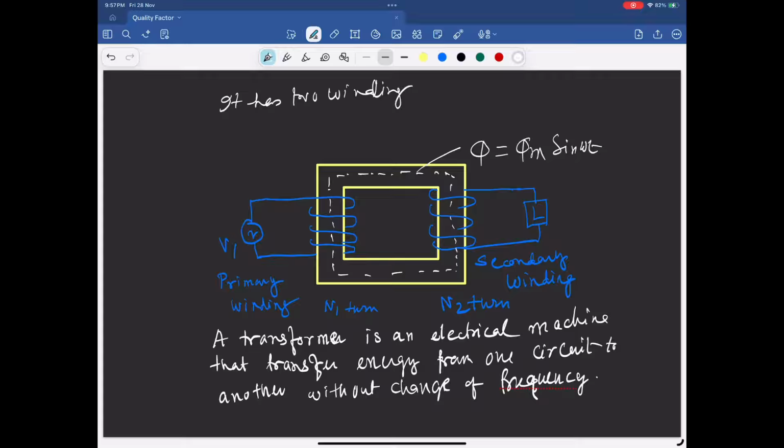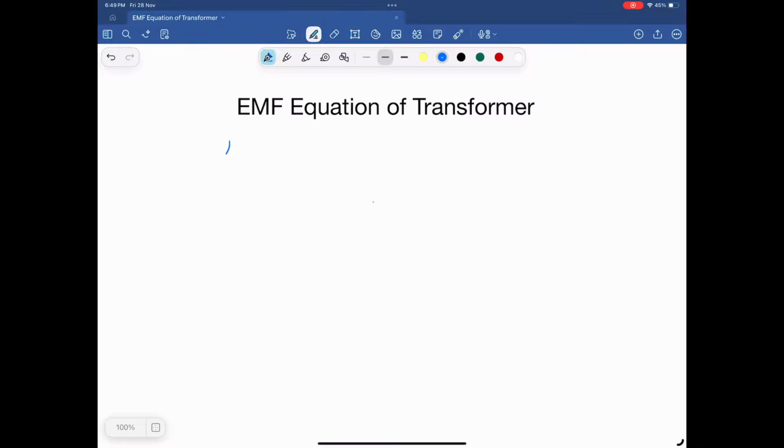Now we will derive the EMF equation of a transformer, where we use the alternating flux phi equals phi m sin omega t. We know the flux is alternating in nature, so let the flux at any instant phi be represented as phi m sin omega t.